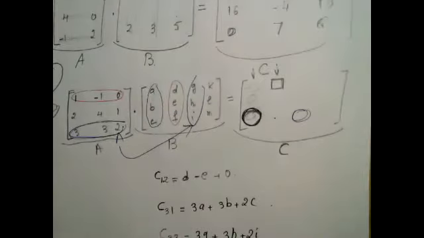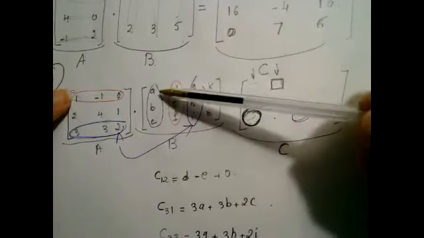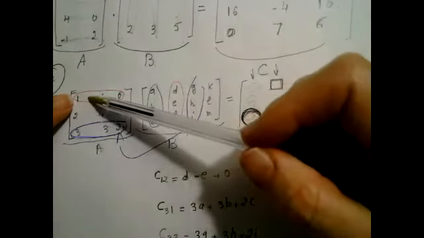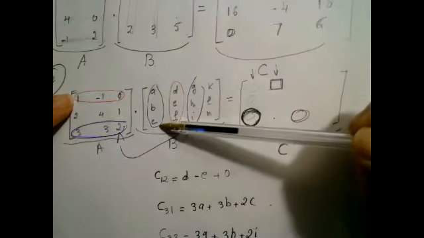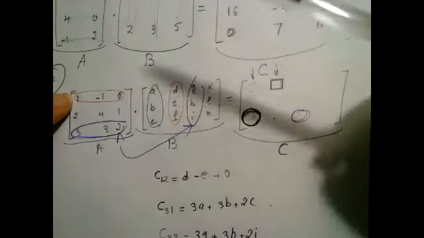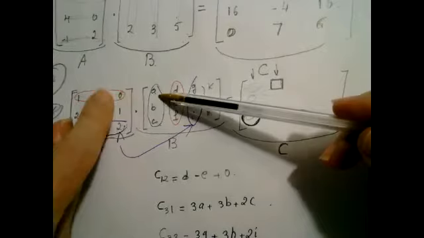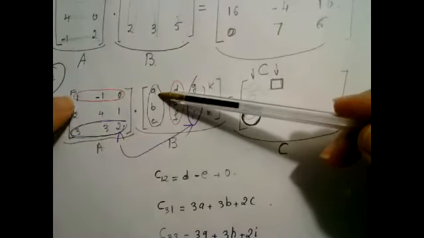Okay, let's go back here. How is it defined? For this to make sense, the number of columns here and the number of rows here have to match. Otherwise, row times column doesn't really make sense. I should have as many columns here as I have rows here. So the product makes sense.